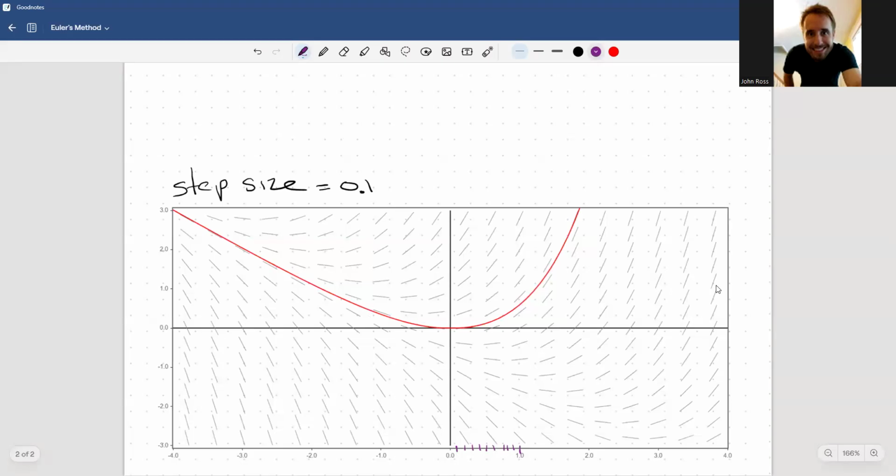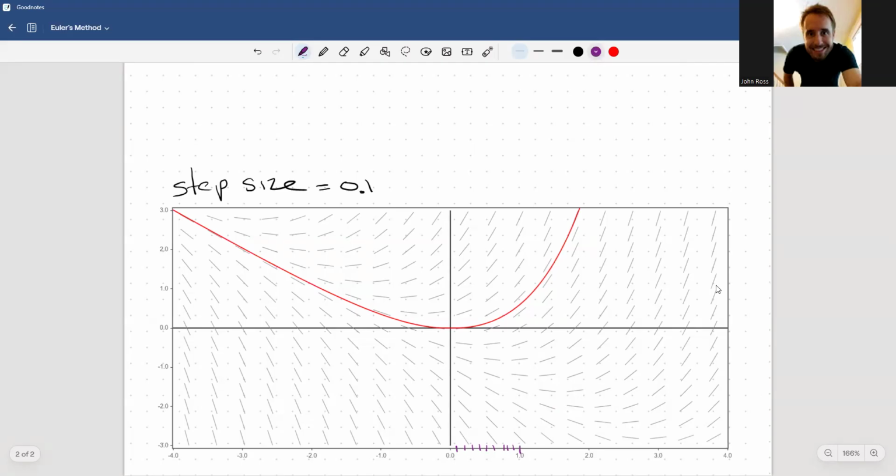And so what looks like a smooth curve is really a bunch of teeny tiny straight line segments. Each time we're readjusting the trajectory and drawing the next line segment. And at this point, it is indistinguishable from a smooth curve and gives us a very strong sense of what a good approximate solution would be.